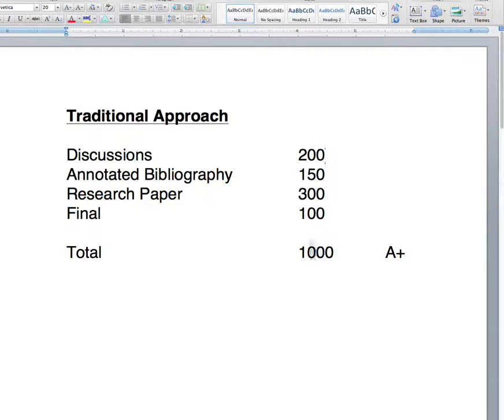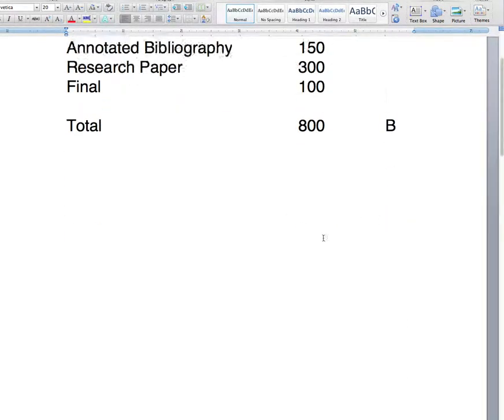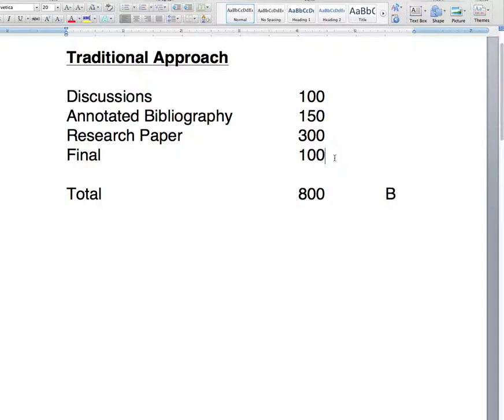So the highest that you could ever get would be a 900. So if you only did 100 points in discussion, the highest you could get would be an 80, or a B minus. And so, and this isn't real, you could have 1,000,000 points, but you're never going to get above that 800 if you've only done 100 points in discussion.